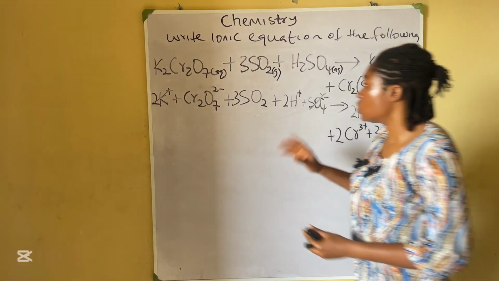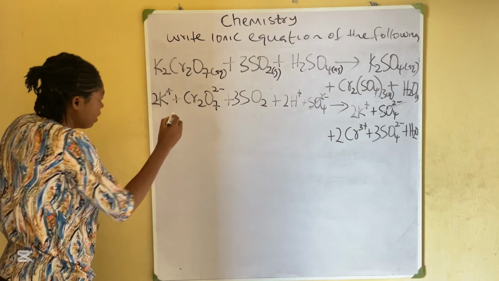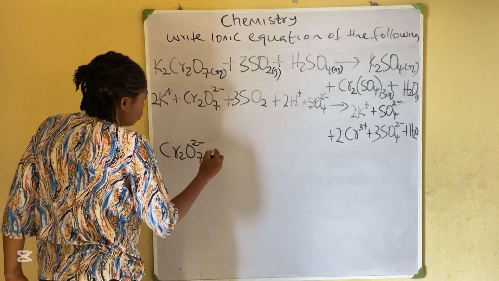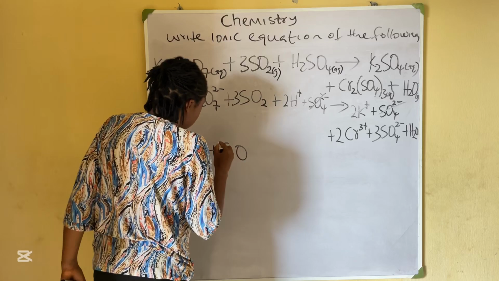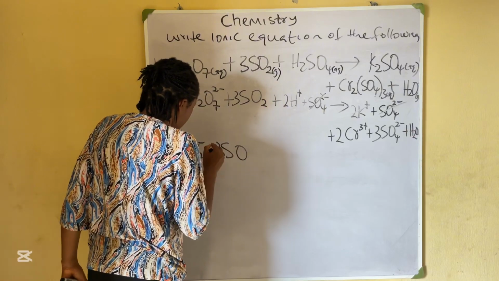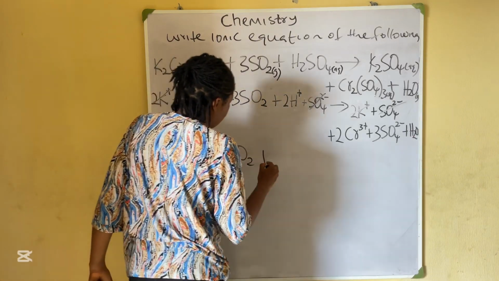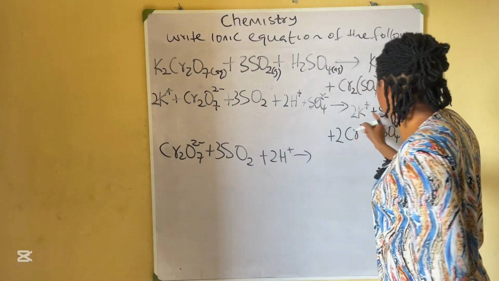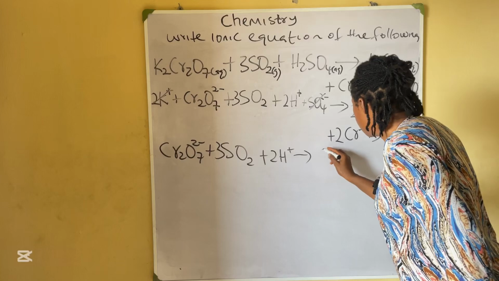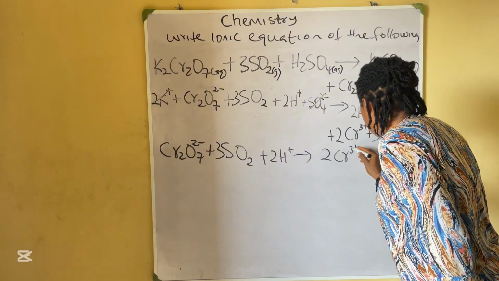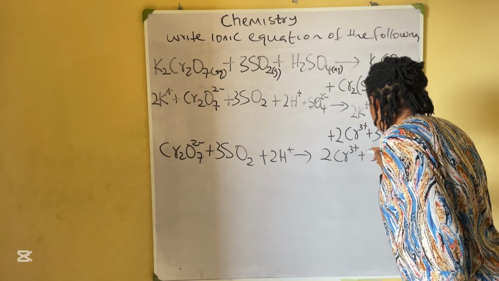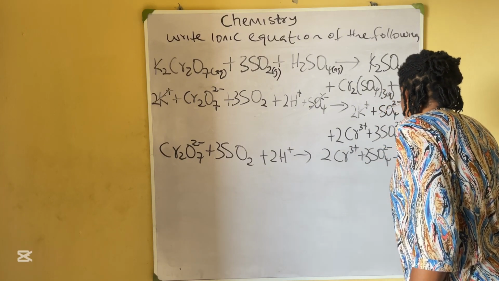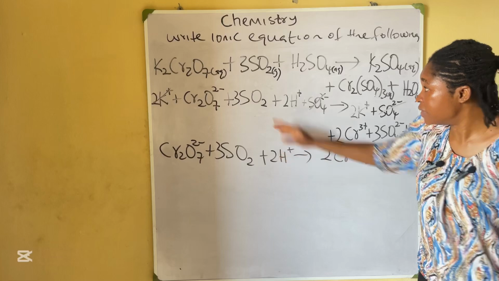Okay, so I'm going to write out the remaining ones: Cr2O7 2 minus plus 3 moles of SO2 plus hydrogen ion to give the ionic equation of this.